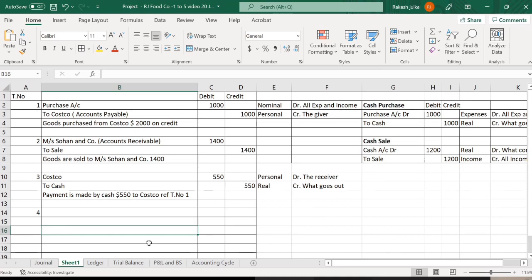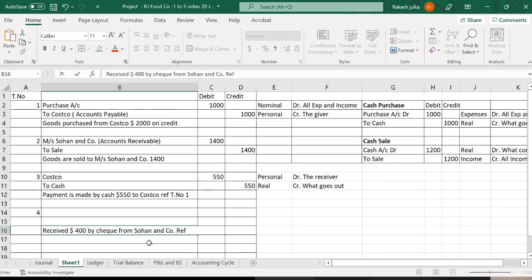But here first I'm going to write: received $400 from Sohan and company, by bank, which means by check. Refer transaction number 2.